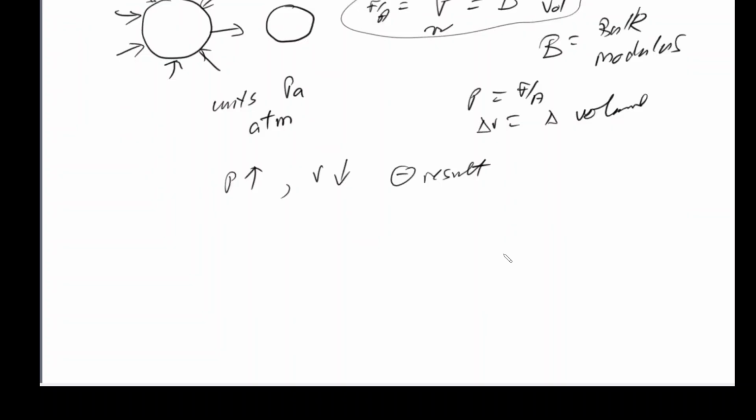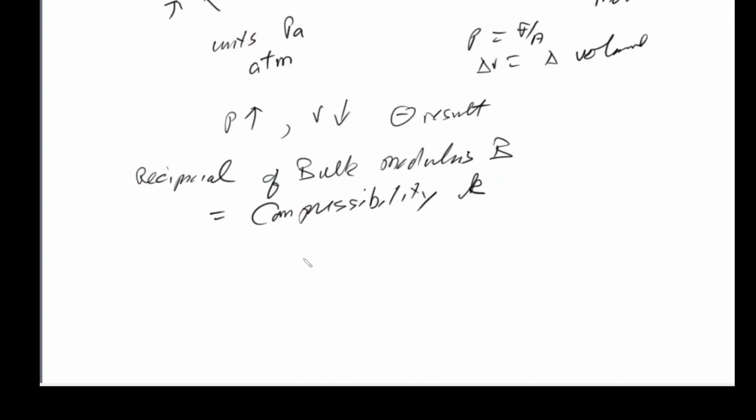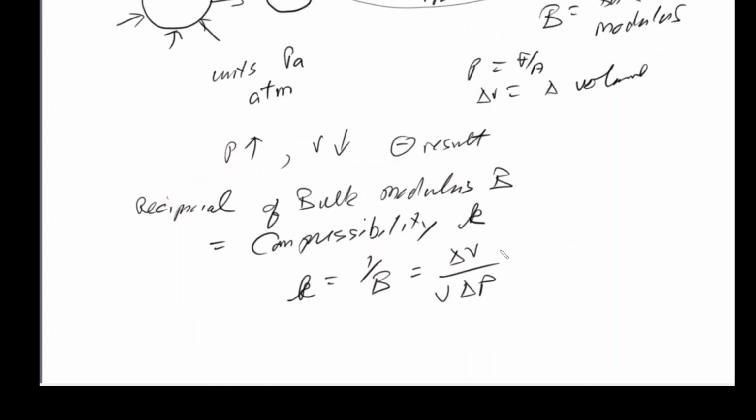And one last thing I'd like to mention is that the reciprocal of the bulk modulus, B, is called the compressibility factor, or K. And again, that's just a reciprocal of B. So K is equal to 1 over B, which will be equal to the change in volume over V delta P, using this equation.